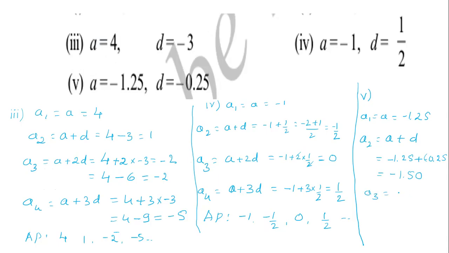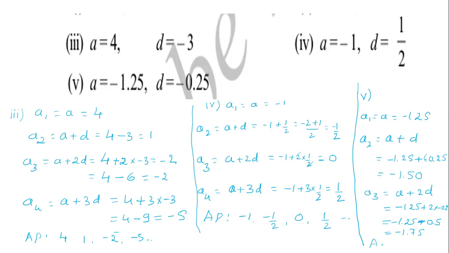A3 is A plus 2D, here A is minus 1.25 plus 2 into minus 0.25, this is minus 1.25 plus minus 0.50, this is minus 1.75.